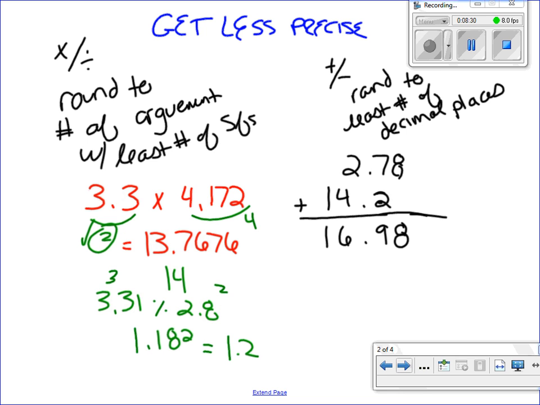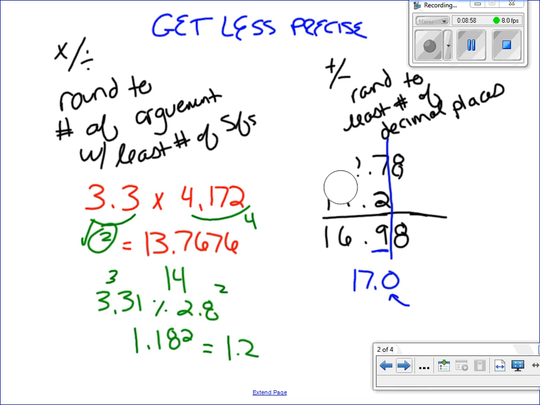So what I suggest you do is draw a line down where they both are significant, the place furthest to the right where they're both significant. And then we round to this place right here. The 8 kicks the 9 up to 10, and this becomes 17.0. That's the place you would round to, the tenths place, because that is where they are both significant.